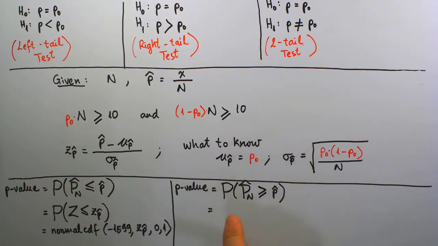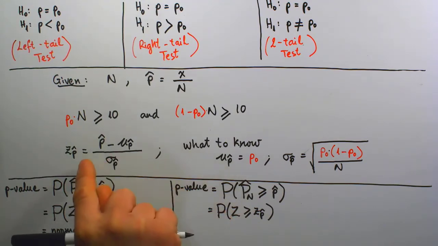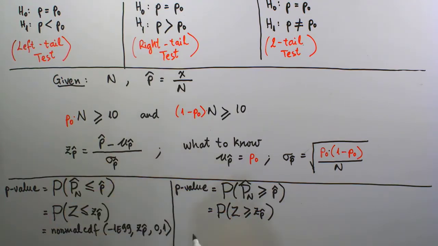Calculating this probability will be the same as calculating the probability where we find a z-score greater than or equal to the z-score we have found for our sample proportion, the z sub p-hat that we have calculated previously. And now calculating this probability is just a matter of running the normal CDF command on a TI-83 or 84 calculator or some equivalent technology.